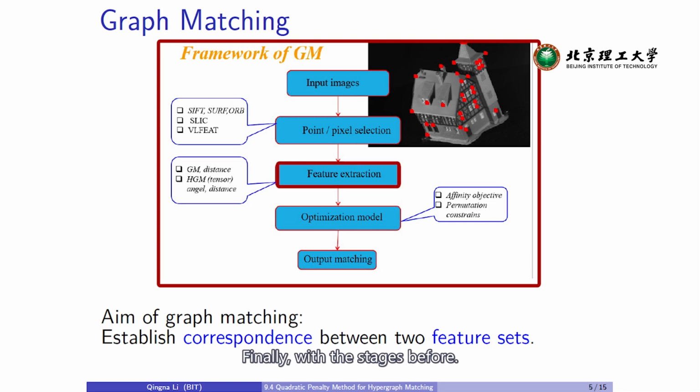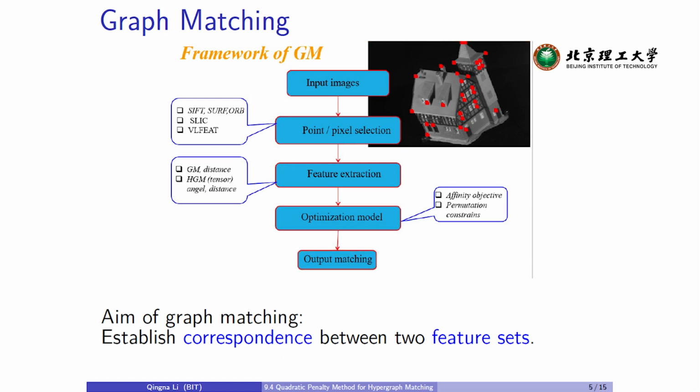Finally, with the stages before, the fourth part is that we build an optimization model to do the graph matching. The final output is that we put the two figures or images together and match them by pointing a feature point to another pixel or point.